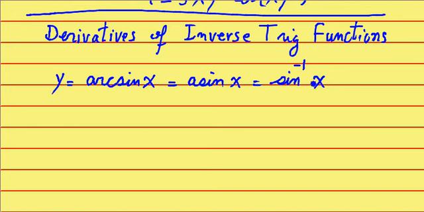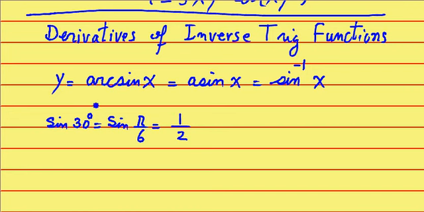Just quickly going over what this notation means. You all remember sine of 30 degrees, or sine of pi/6 radians. Do you remember what that one is? Sine of 30 degrees is 1/2. So here you are starting with the angle and finding the sine of it.